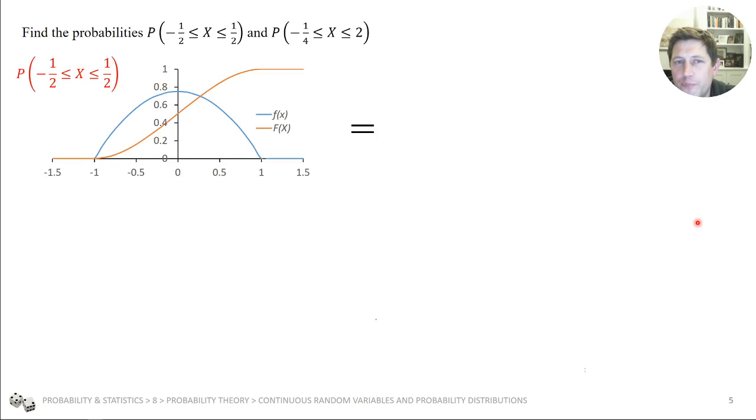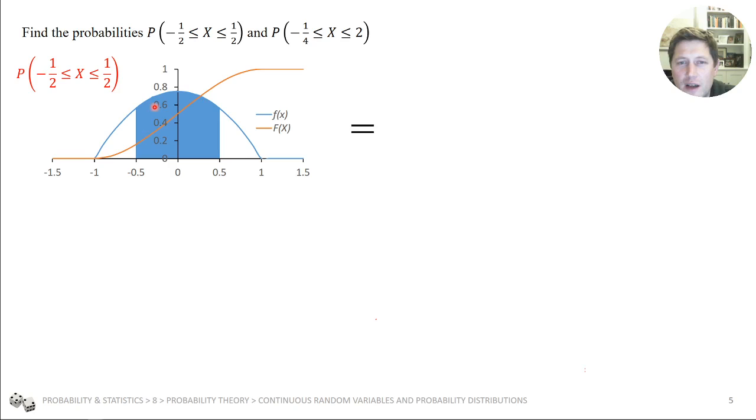So we can use this to answer some questions. The first question, what's the probability of our outcome being greater than minus a half but less than a half? Okay, so we can use these plots to work this out. So if it's greater than minus a half, less than a half, then it's this interval, this region here. We've integrated the density function, and that's the blue shaded area.